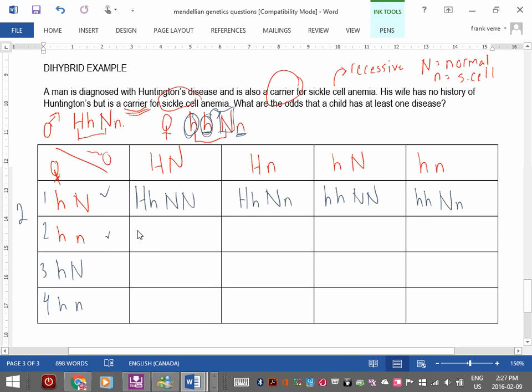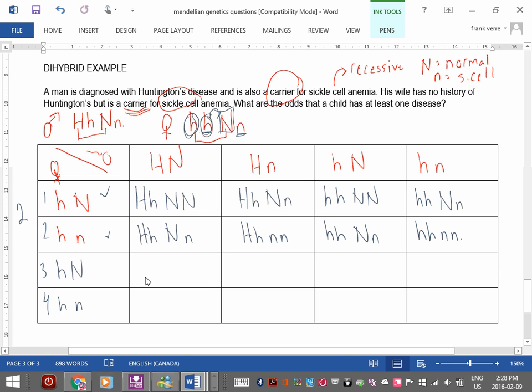And then this one would be big H, big N, small n, big H, little h. Alright. Little h, big N, little n. Little h, little n, little n. Now, we don't need to do 3 and 4. Question. Yep. Does the capital always have to go first? Technically it doesn't matter, but everyone always puts the capital first.